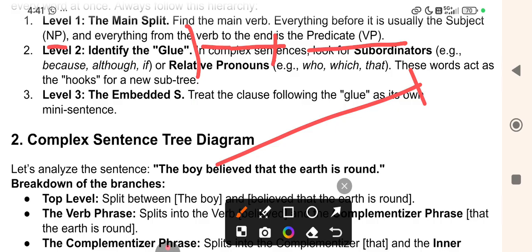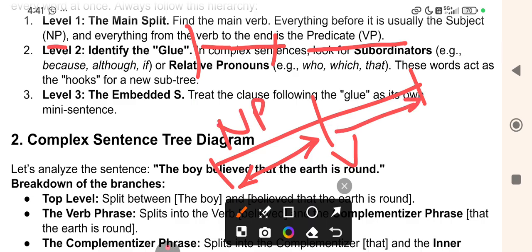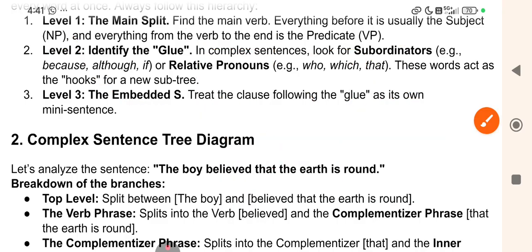So suppose this is the noun, you have located the verb. This group of words is called the noun phrase, and this part from the verb to the end is the verb phrase. So that will be level 1.